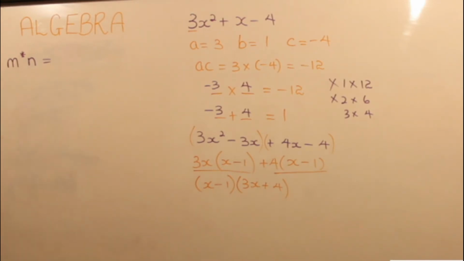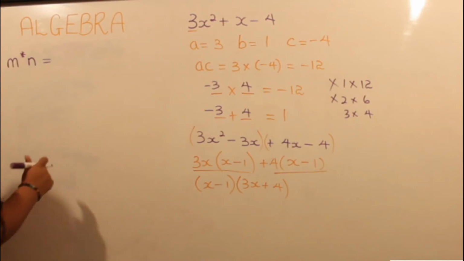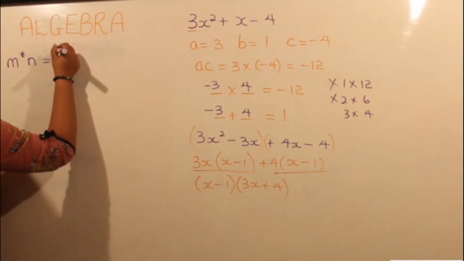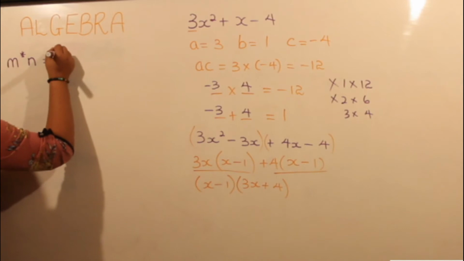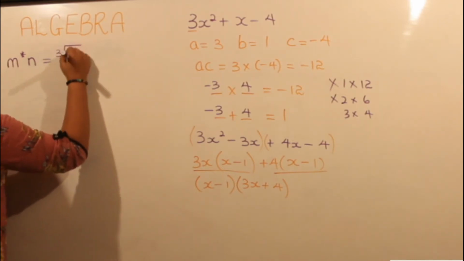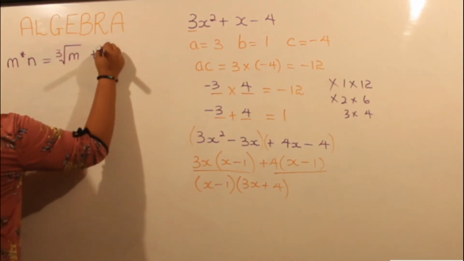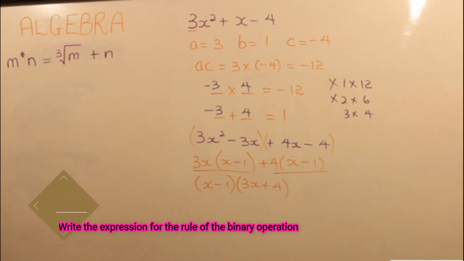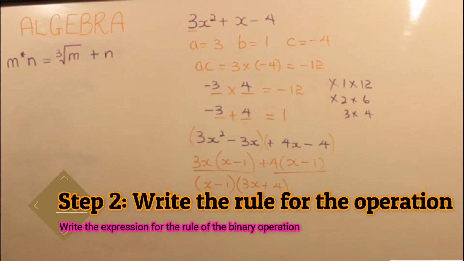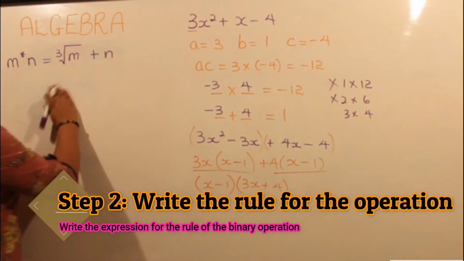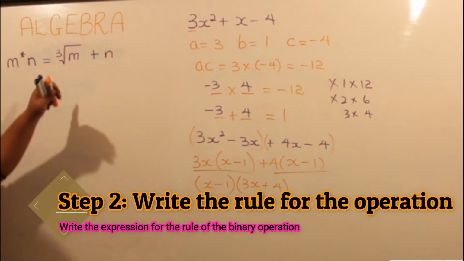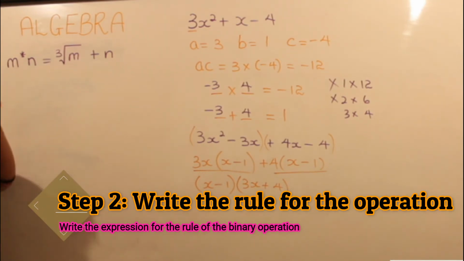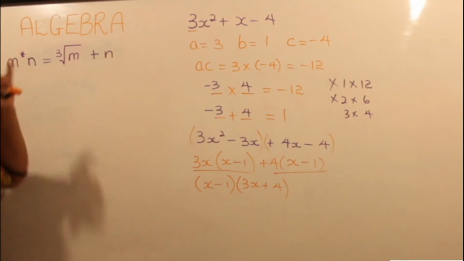Okay? So we have m star n, which is equal to the cube root of m plus n. Now we need to be very careful as to how we write our expressions, because we have to be extremely careful with things like roots and powers.